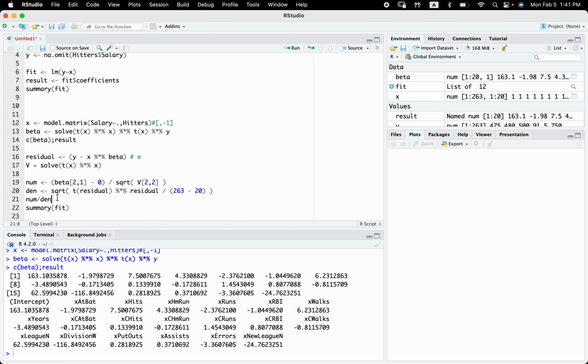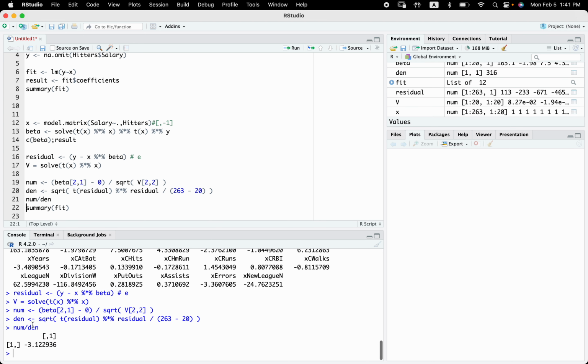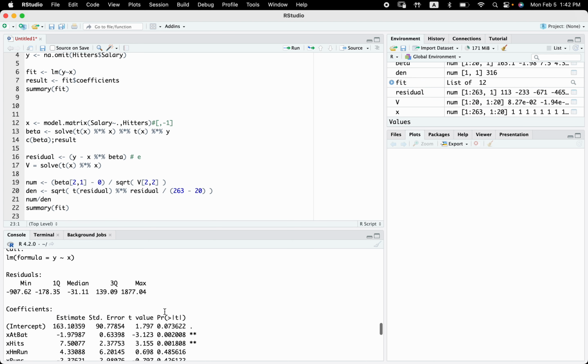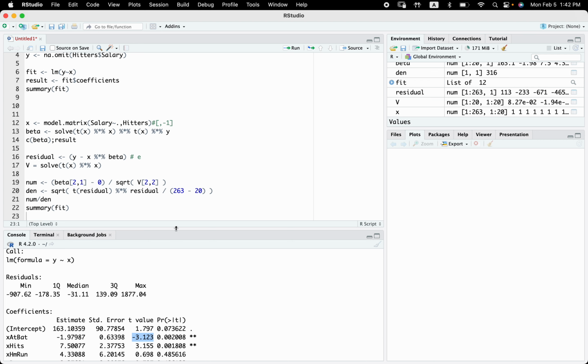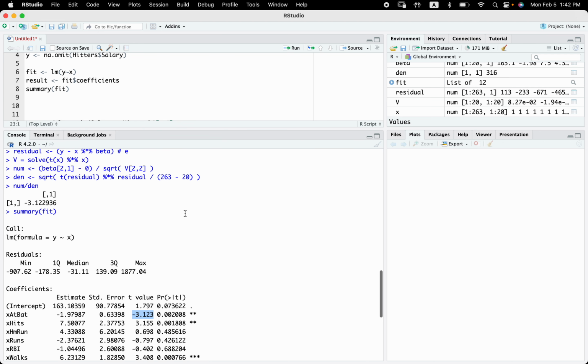And when you take the numerator over the denominator, that should give you the t statistic, and we have that equal to negative 3.12. And let's take a look at the summary from the built-in function, and it also gives us the same t statistic here.